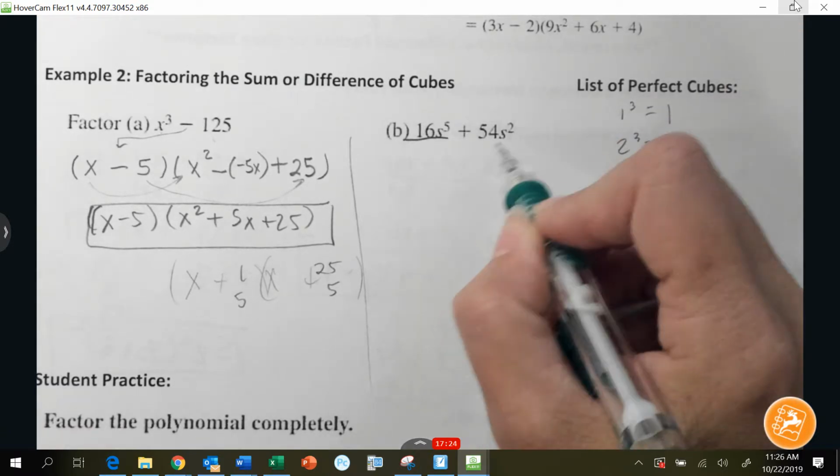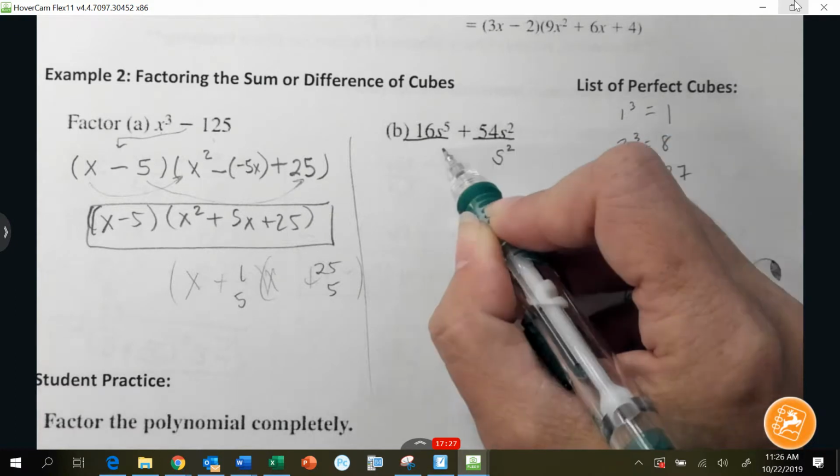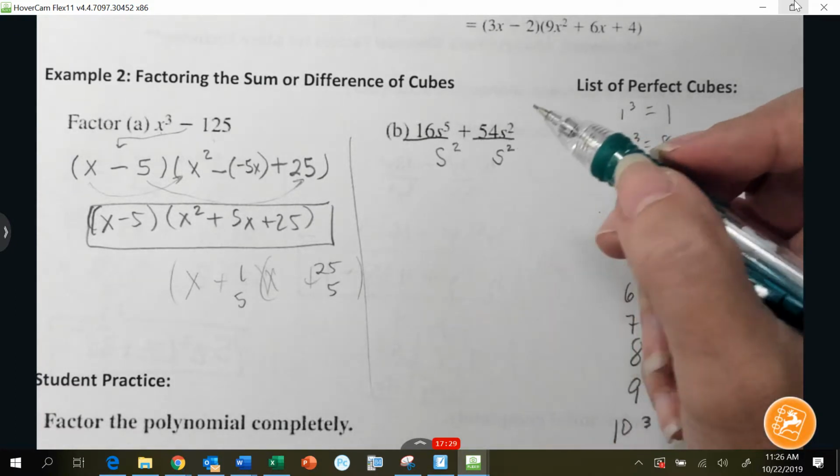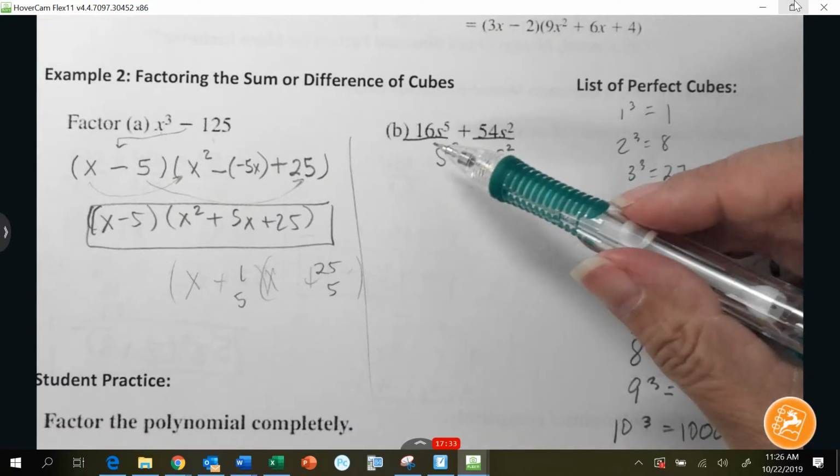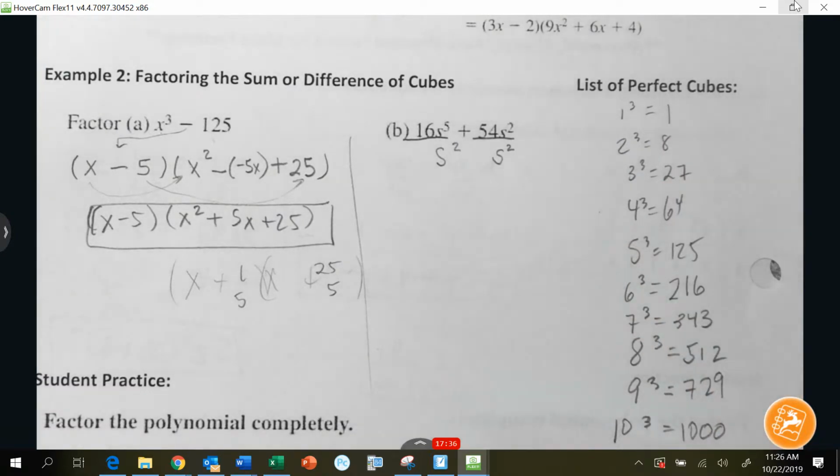Is s squared the only thing? Let me answer my own question. Factor out the GCF. That's right. So we're going to divide out s squared, but is that the only thing they have in common? 8 doesn't go into 54. So when I was calling on you, I didn't really expect you to say the whole answer. I just wanted you to say factor out the GCF.